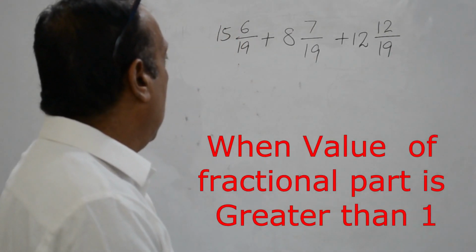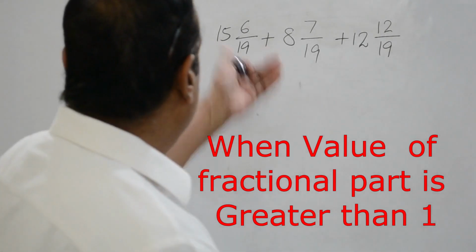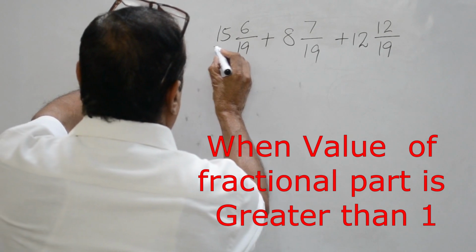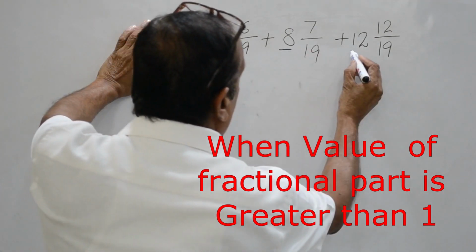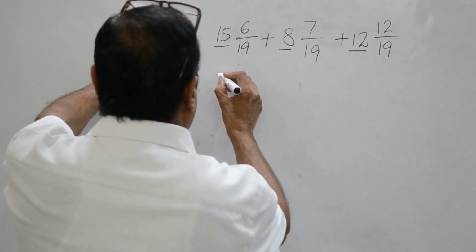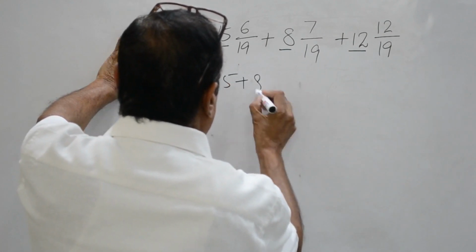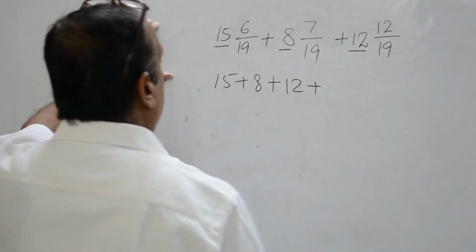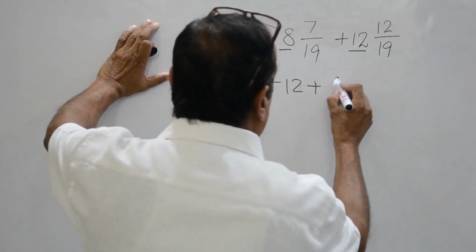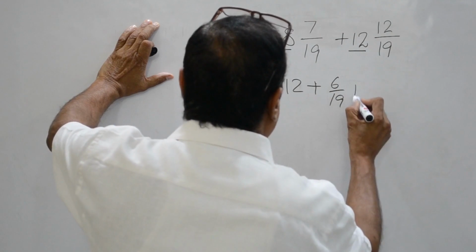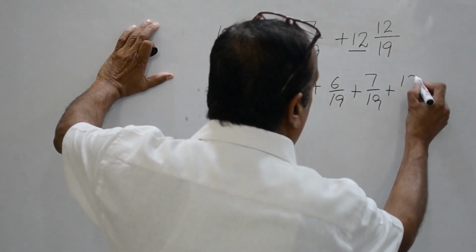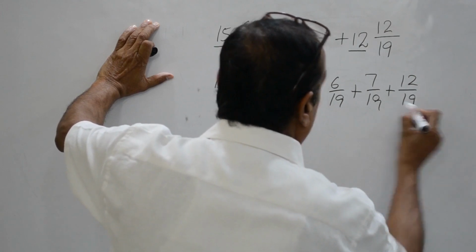Now let us solve this problem. So the whole numbers are 15, 8 and 12, plus the fraction parts are 6 over 19 plus 7 over 19 and plus 12 over 19.